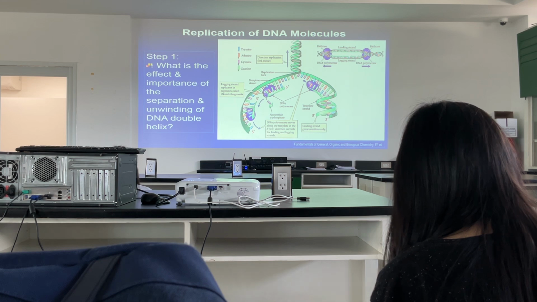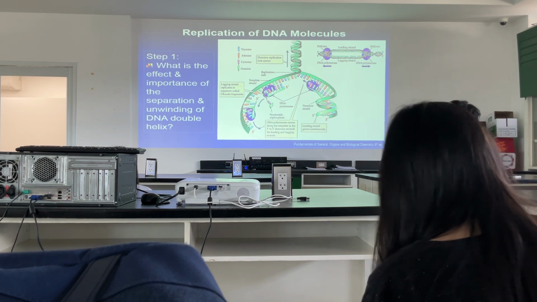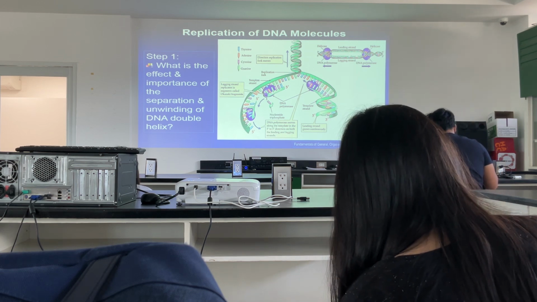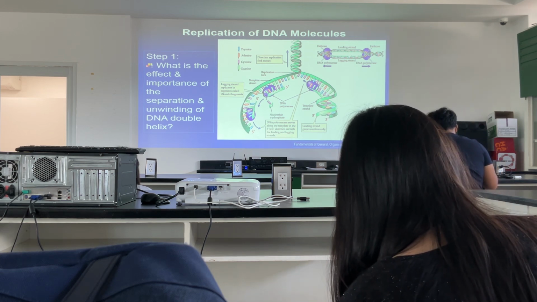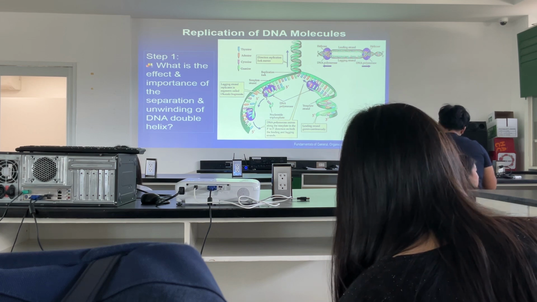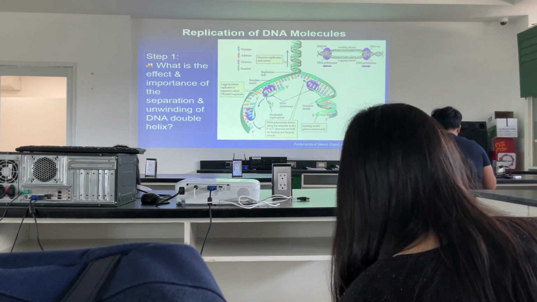Remember the pairing of bases in the DNA molecule: adenine pairs with thymine. If on this side you have the template strand, you have adenine, then the way a new strand will be formed, a nucleotide thymine will be brought and become connected to your adenine base in the template strand.